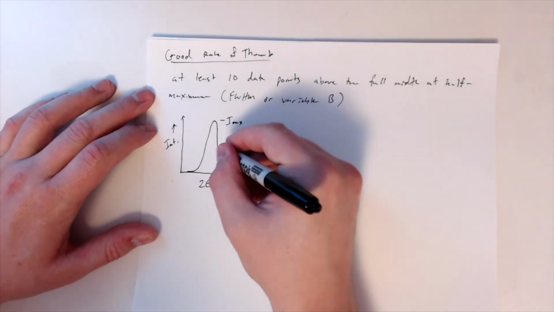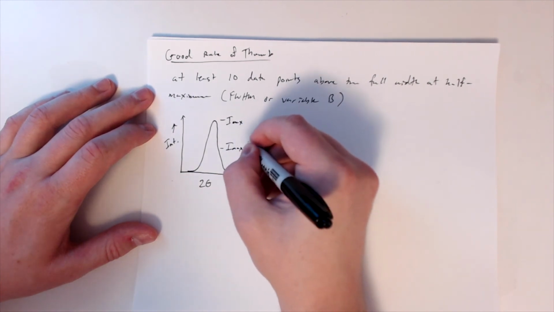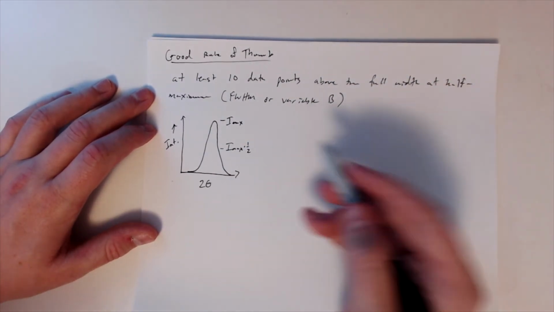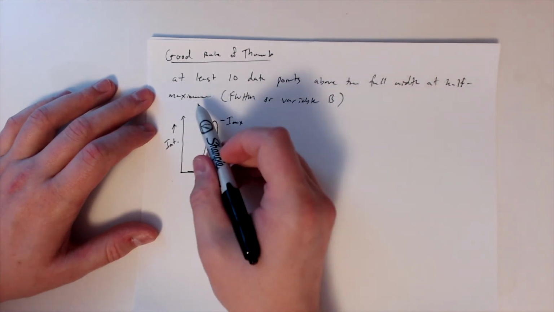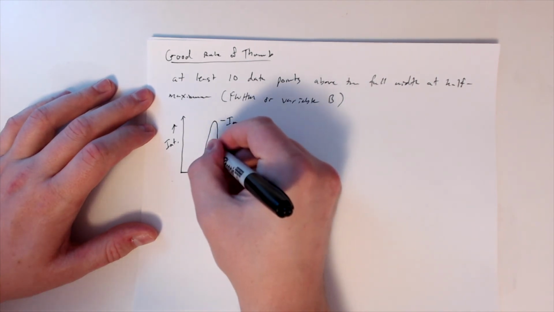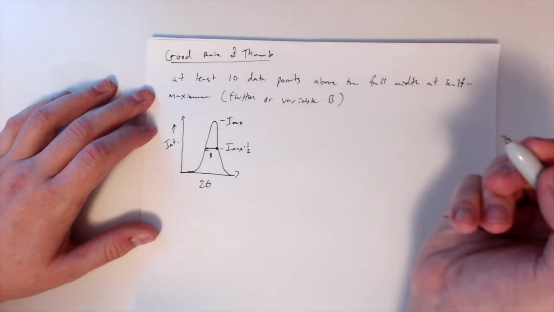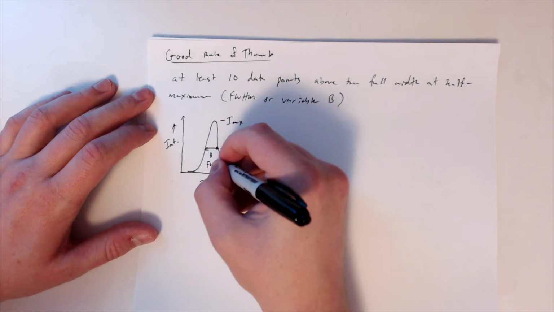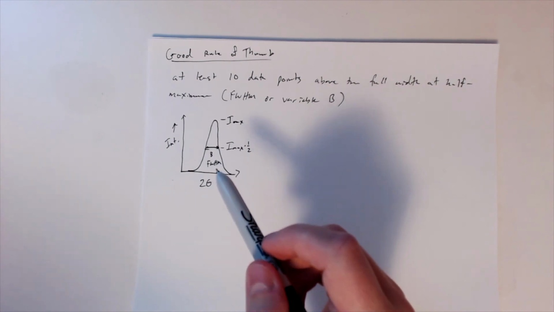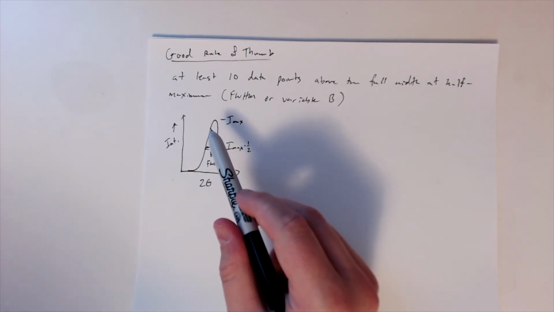So halfway down, this is 1/2 of the max intensity. So this is basically the half maximum. And then we're looking at the full width. So we basically want to look at the peak width at half the maximum. This is what the B, or full width half maximum, is referring to. So it's basically a standard way of measuring how wide the peak is, and we do it at half the maximum intensity.